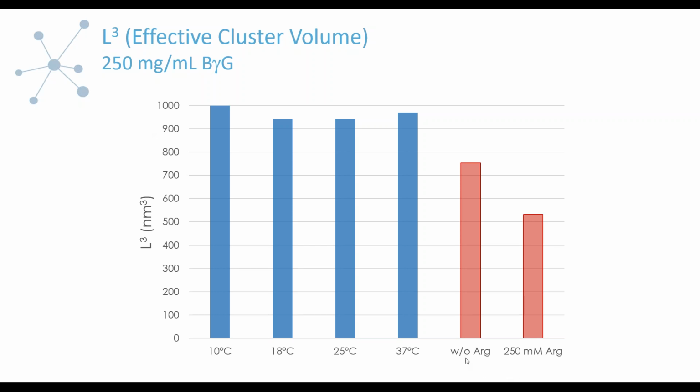Whereas with and without the excipient arginine hydrochloride, we can see a clear drop in this characteristic length scale and effective cluster volume as we introduce the individual amino acid, which, it's hypothesized, as I stated, is breaking up clusters and reducing their size. So this is consistent with that hypothesis.